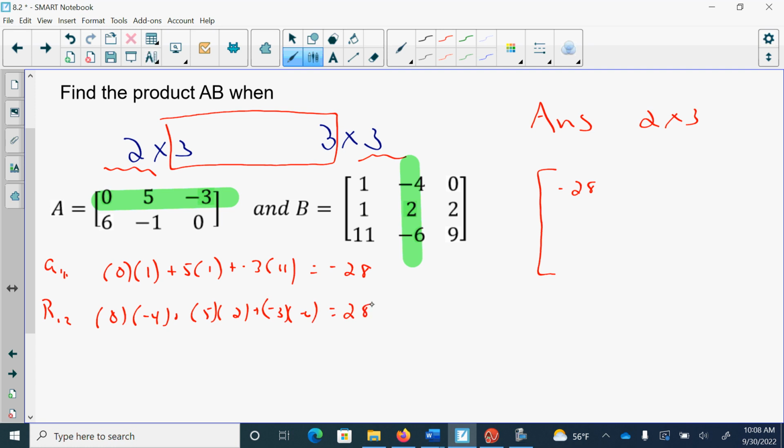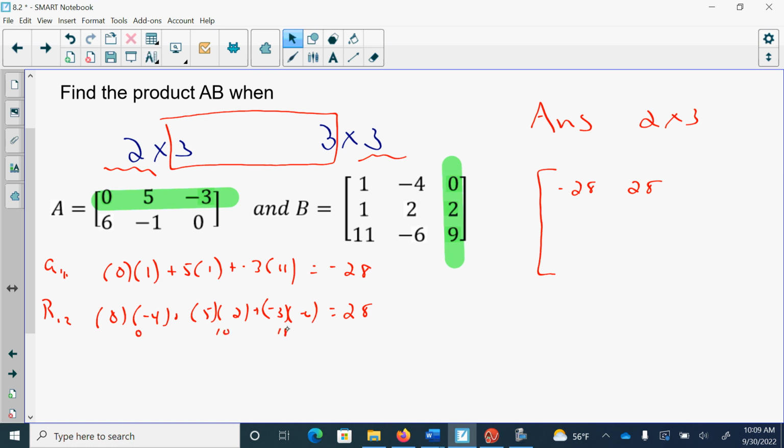Row 1, column 2, positive 28. I'm gonna stick with row 1. This is 0. This is 10.